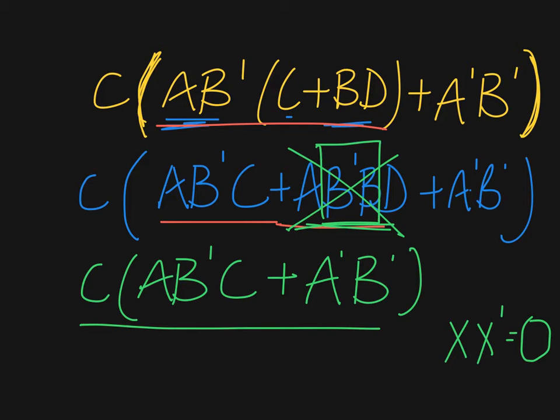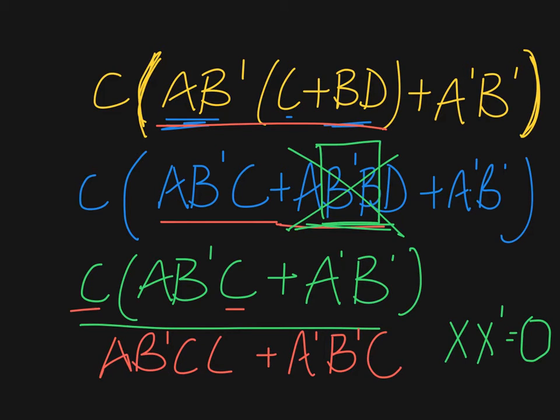Right, so we've got A, B, not B, C, C, which is this in that term, plus not A, not B, C. Straight away, we can see another rule here. C, C multiplied together always collapses to one of them. And that comes from this rule, that if x is multiplied by x, it gives you x.